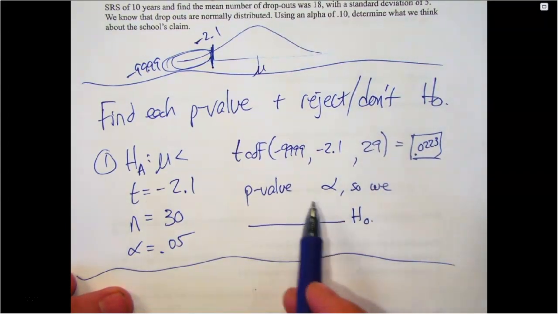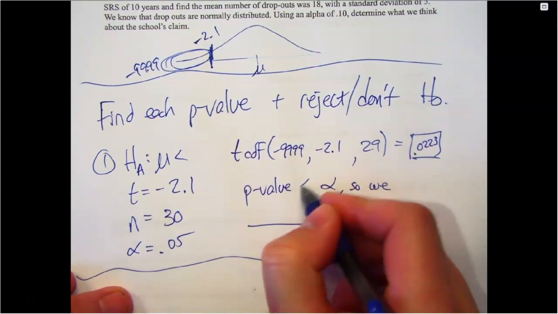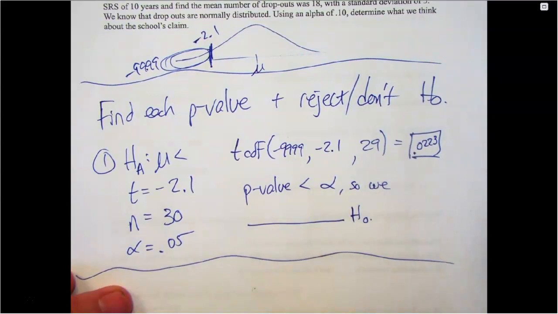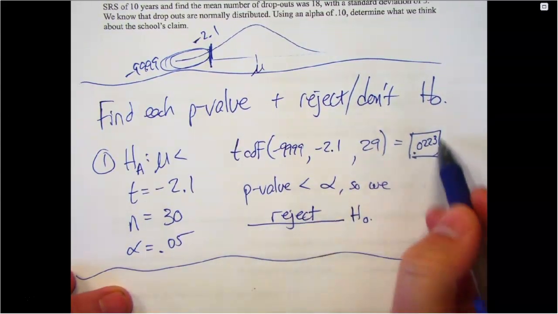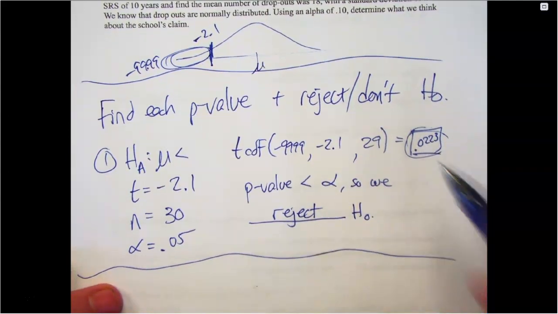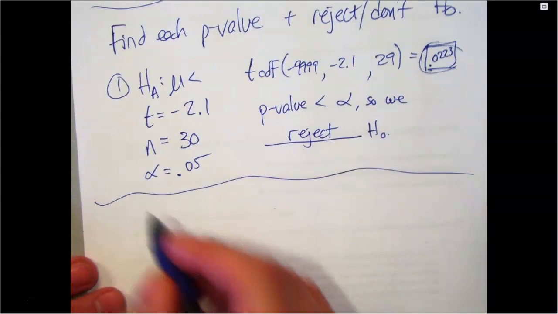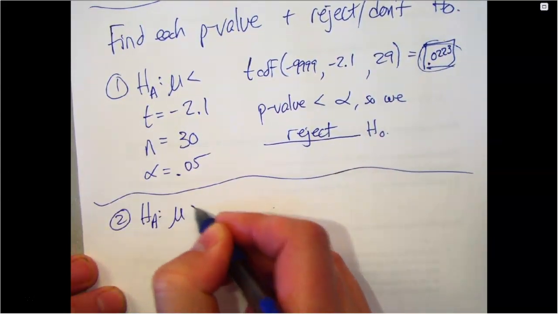Okay. So is the p-value less than or greater than alpha? Less than. So do we reject or fail to reject H0? Reject. Because this is essentially the probability that they're telling the truth. It's very low. Now let's say mu is greater than.